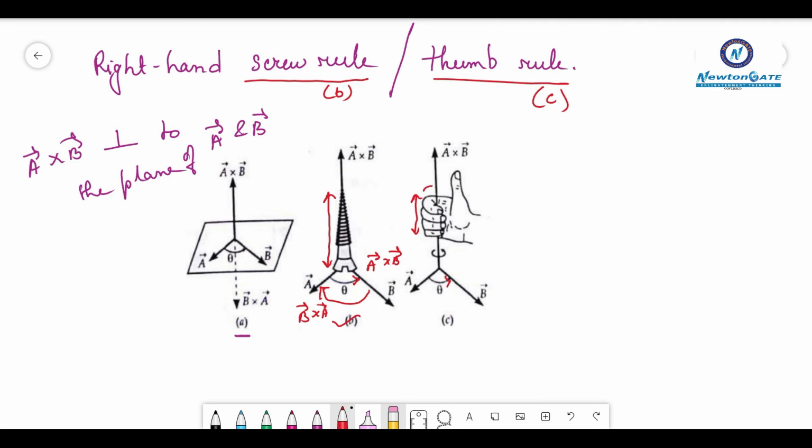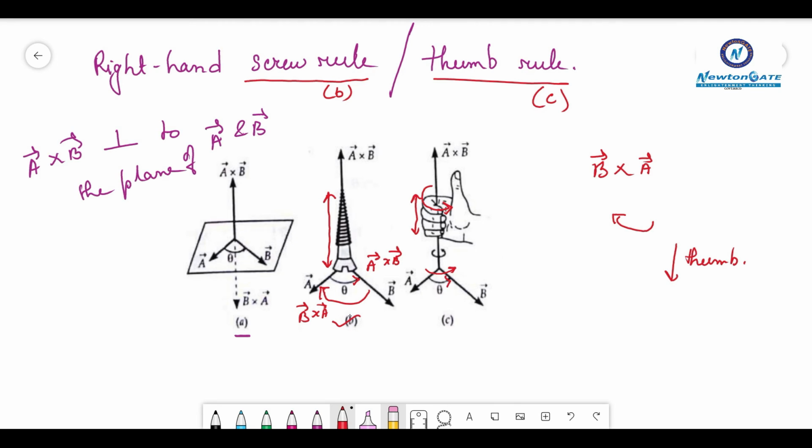The fingers are going from this to this side, and my theta is also going from A to B. Now, if it was B cross A, then my fingers would have gone from B to A, and my thumb would be pointing downwards.